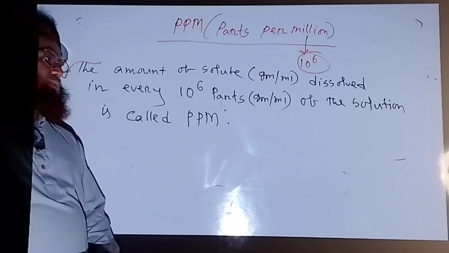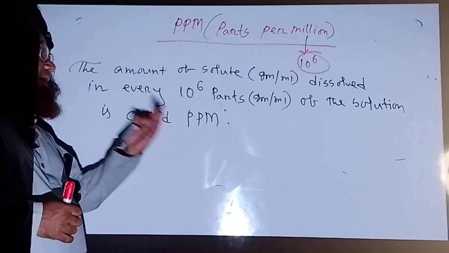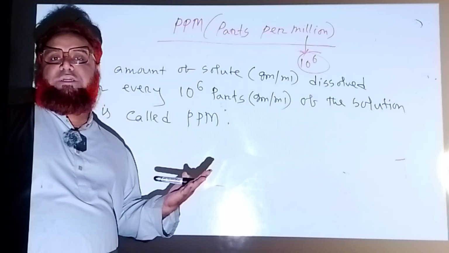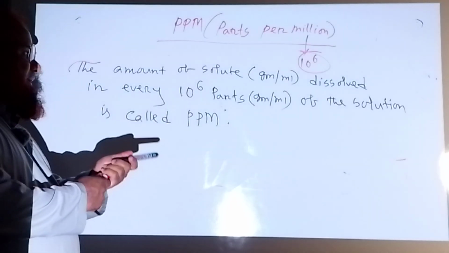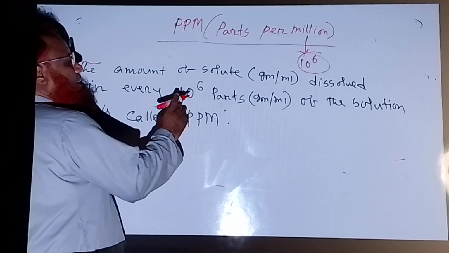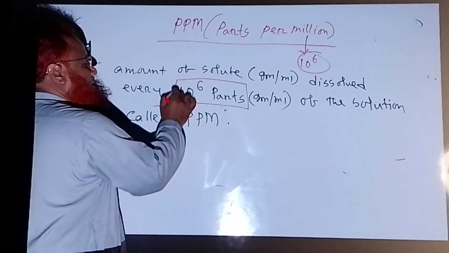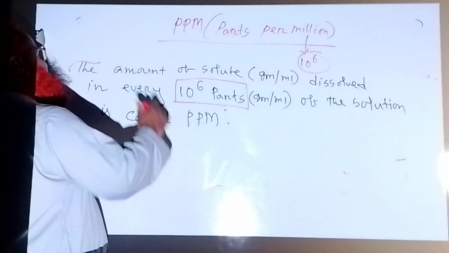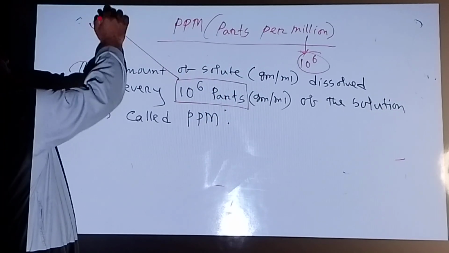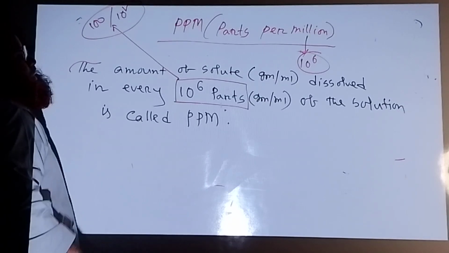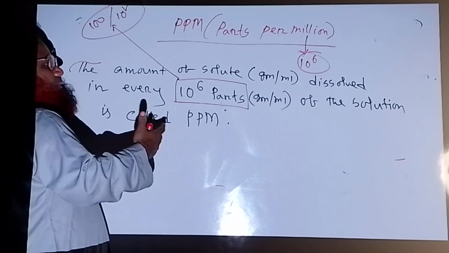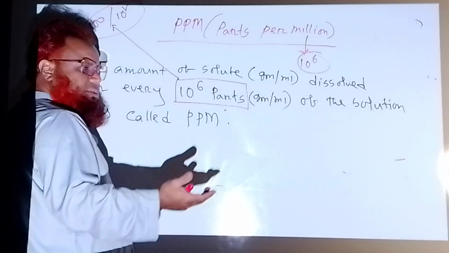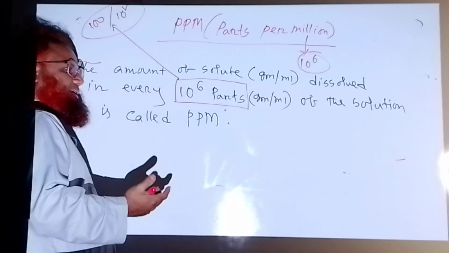Now my dear student, look here. We gave the same type of definition for percentage concentration in my lecture 1, but here the amount of parts is 10 to the power 6, while in percentage concentration it was 100 or 10 to the power 2. So when the amount of solute is dissolved in 100 parts, that is percentage concentration.